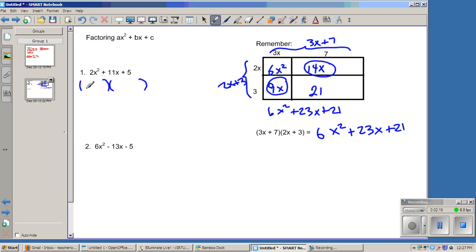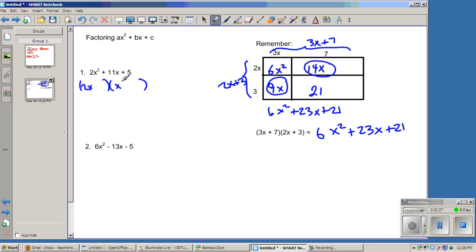The hard part, so this one's not too bad at the start because pretty sure that 2x times x is going to be the only thing that gives me the 2x squared I need. The hard part is figuring out what these last numbers have to be because they have to multiply out to be 5, and when I do outer plus inner, that has to be 11.